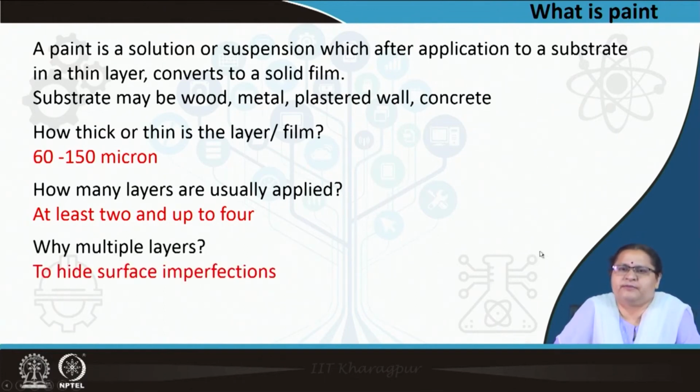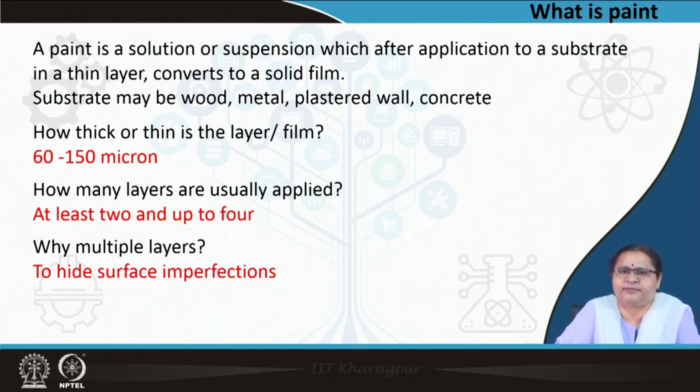Why do we put multiple coats? Because we are trying to hide the material, because you cannot see a painted layer and say what is behind it. If you can see what is behind it, there is no point of putting a paint. So, it can hide the imperfections, it can save it from the weathering action, which we will talk about later.